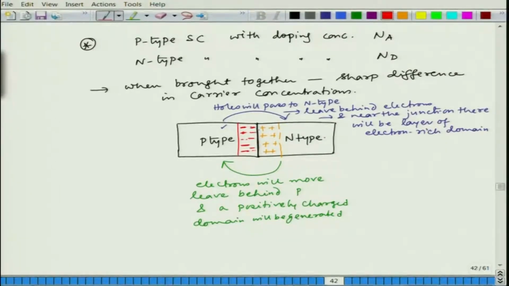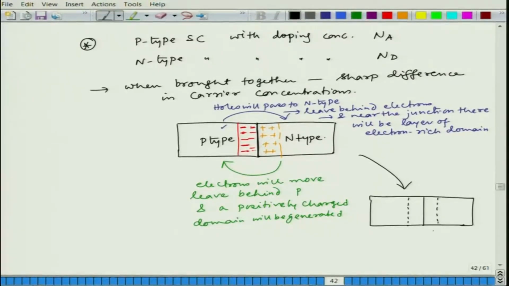So, these will be a negatively charged domain, and on the other side it will be a positively charged domain. Okay. So, what we can see is that just by bringing them in contact, you will generate a domain where there will be some effective charge, right.